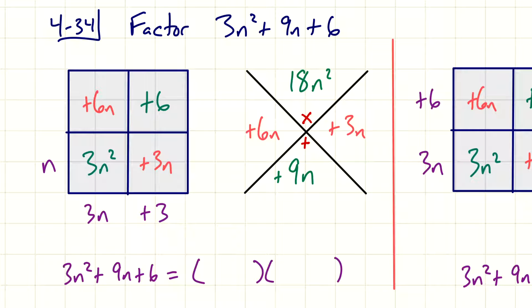And then I could look at 3n times what would give me 6n, and that would have to be a 2, which should make sense, 2 times 3 gives us 6. So then we could fill this in. This would be 3n plus 3 and n plus 2.